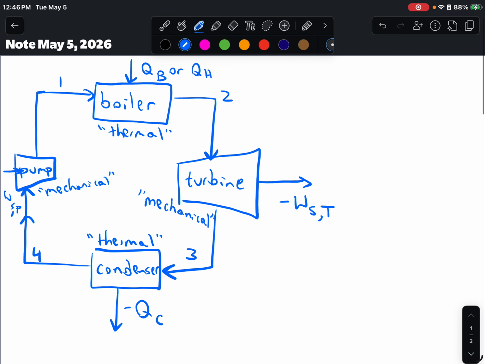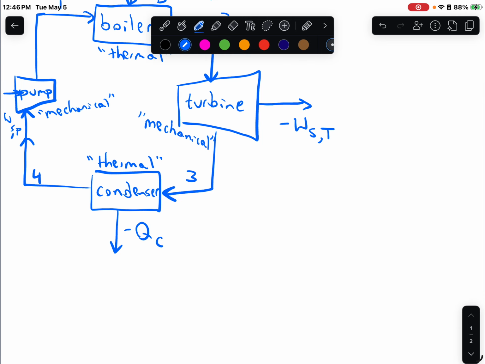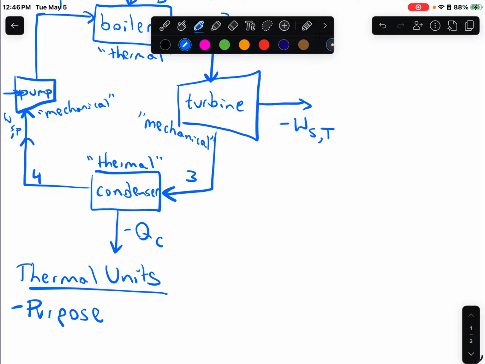Let's talk first about thermal units. Okay, so the purpose is heat exchange.